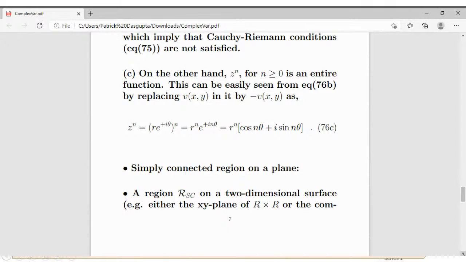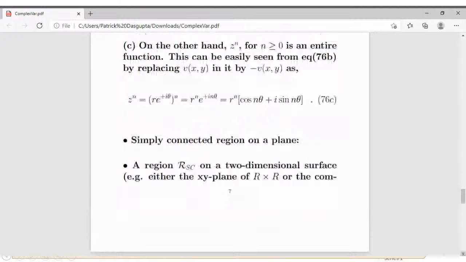Of course, topology is a very involved field of mathematics. We are going to use only very basic ideas of connectedness on a two-dimensional surface. First, we will define what is a simply connected region on a two-dimensional surface.